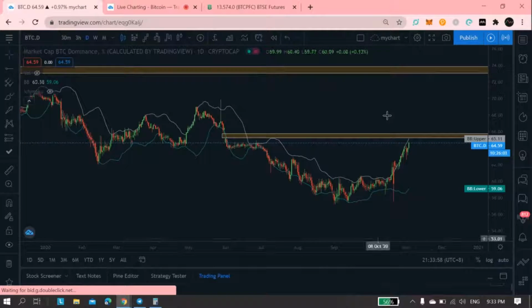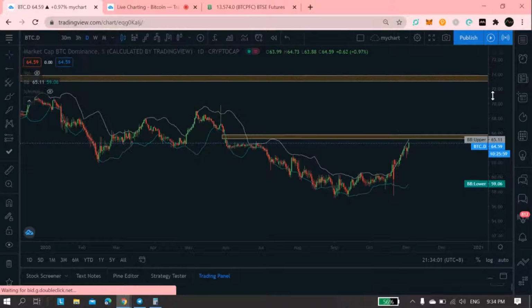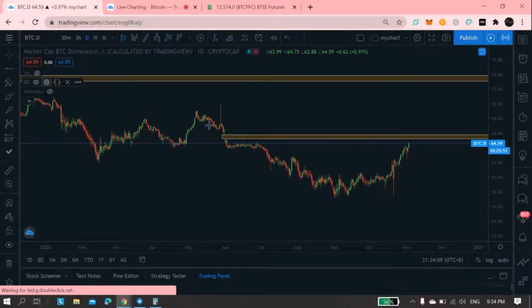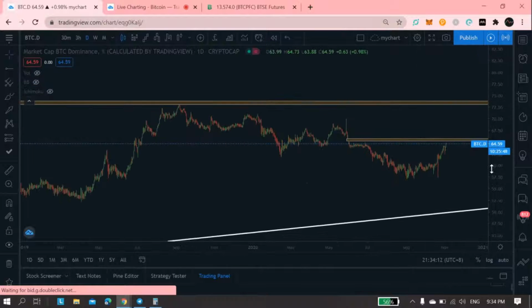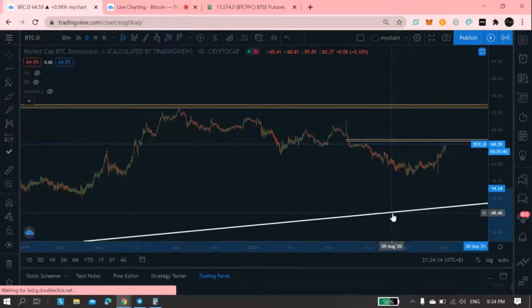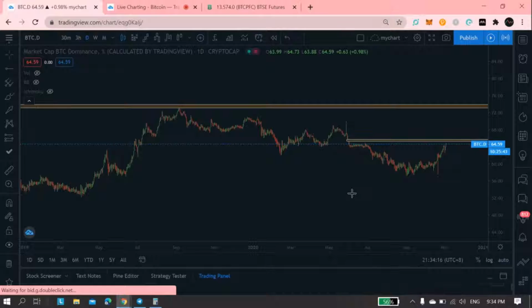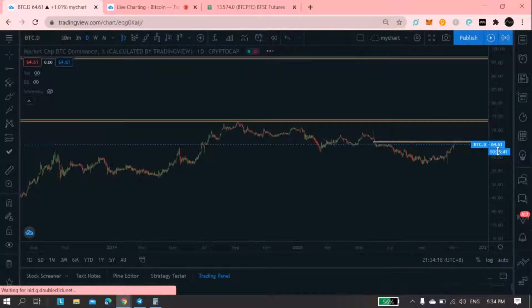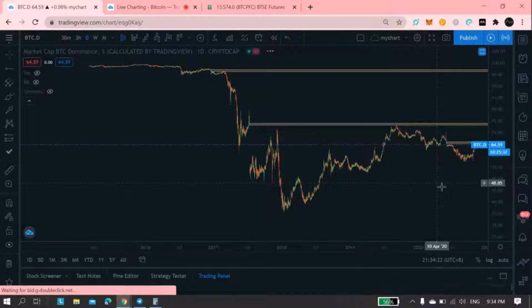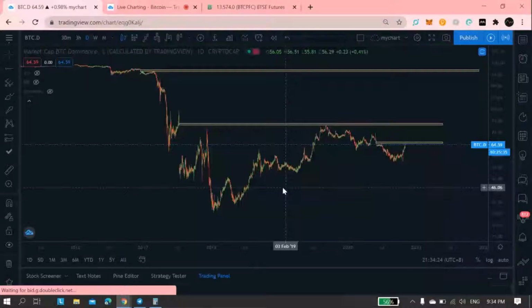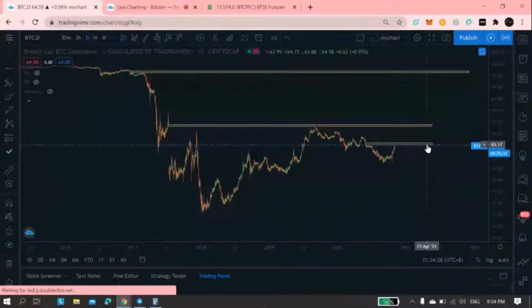I don't want to hide this one because I'm looking at these gaps. Just delete this one. So this is the BTC dominance calculated by TradingView. There are actually three gaps around this area, which are now closed.